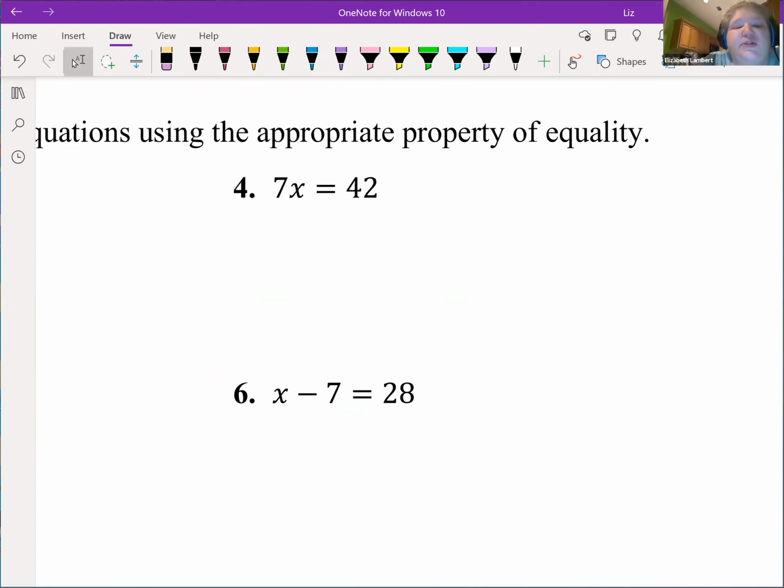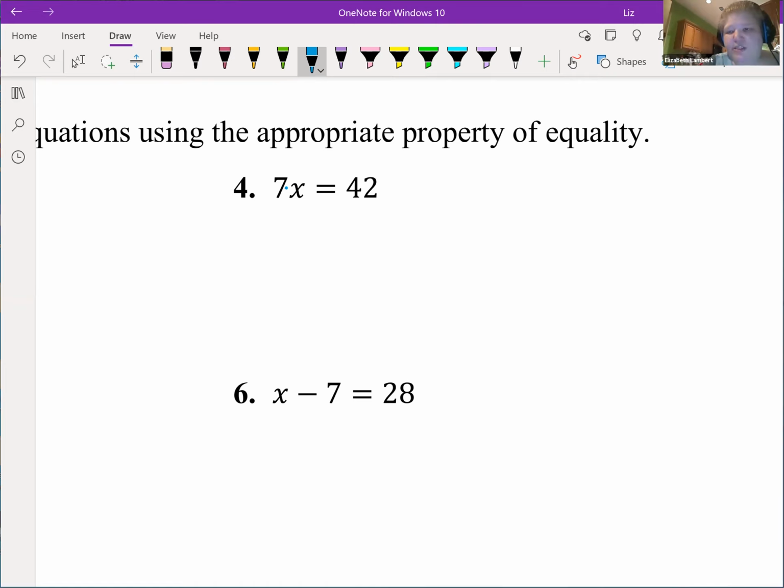All right, so 7 times x equals 42. Now I'll show you what I mean about just throwing it in there instead of rewriting the whole equation. So 7 times x, I want to cancel multiplying by 7. The opposite of multiplying by a number is dividing by a number. So we are going to divide by 7.